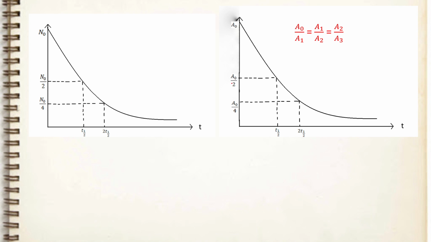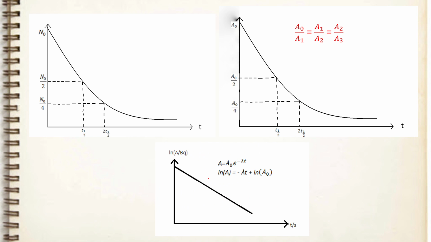And if I want to convert this graph into a straight line graph, a y equals mx plus c graph, this is how I do it. I take ln on both sides of the equation. So ln A is equal to minus lambda t plus ln A naught. I get this equation, and I plot a graph of ln A against t, as you can see.